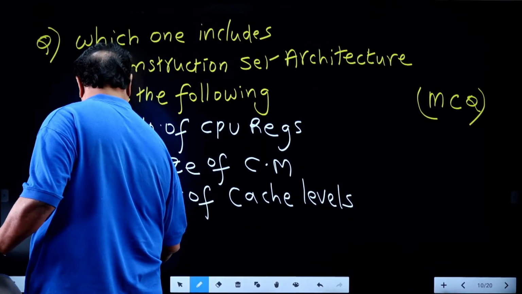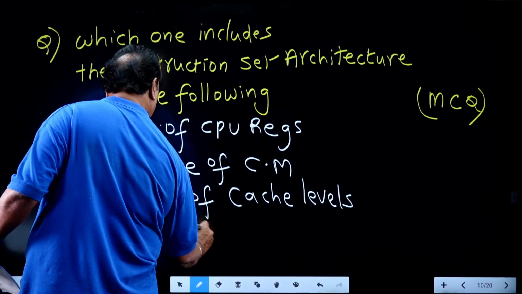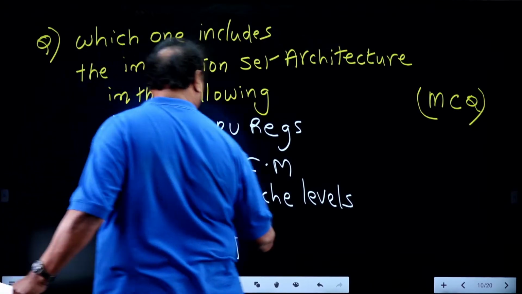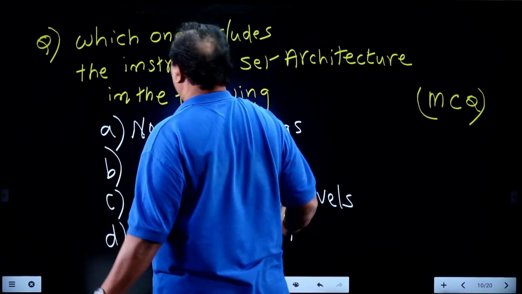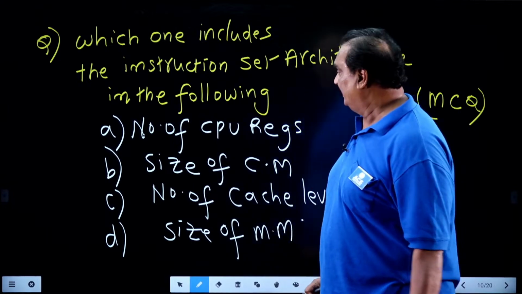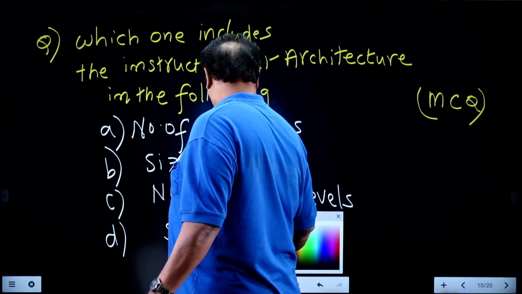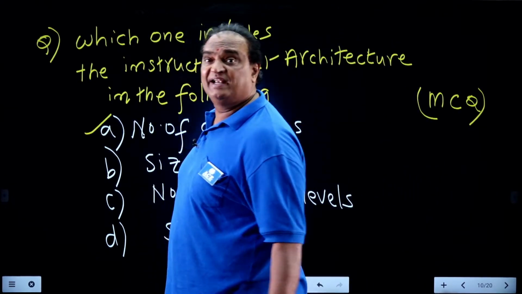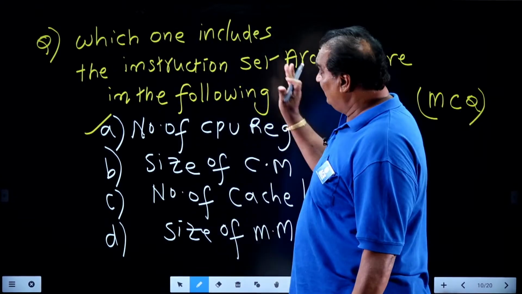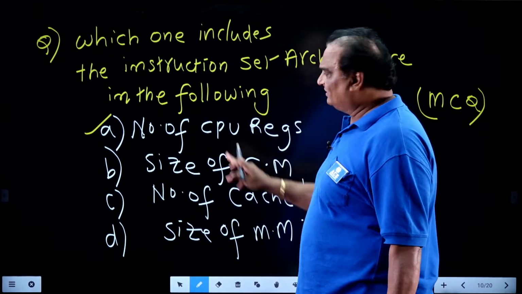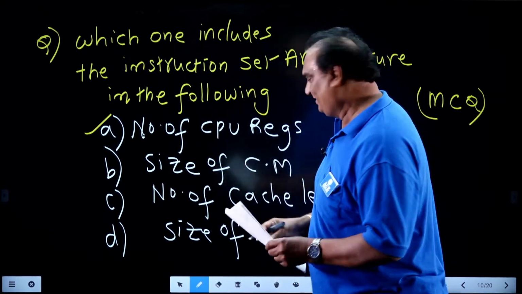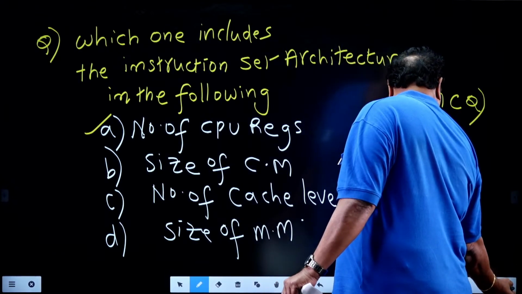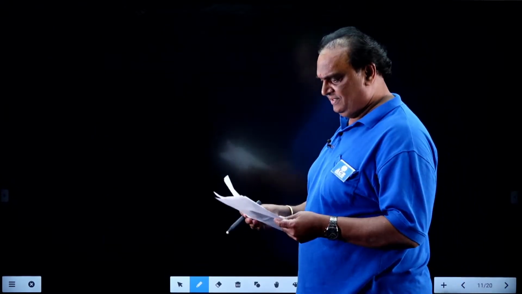Option D, size of main memory. Here, the instruction set architecture includes only the number of processing registers fabricated in the processor. So, if the given question is like this, the correct answer is A only. Okay. Next, come to the next question.